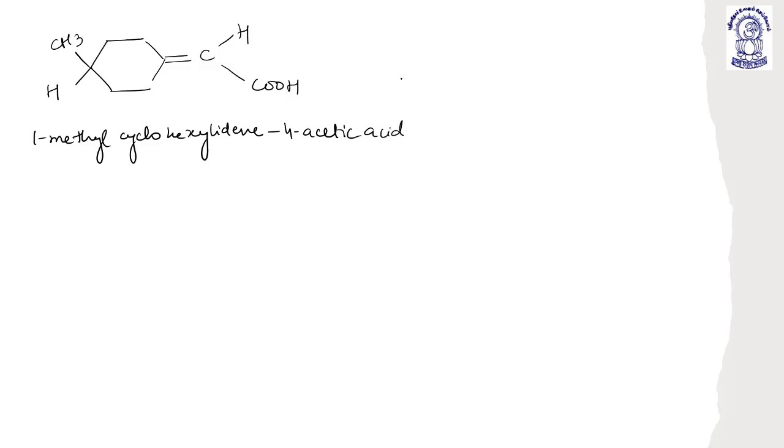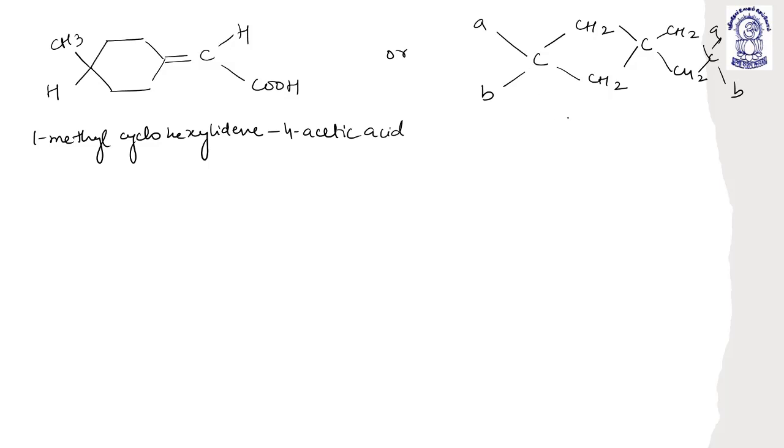Basically it is written as C, B, CH2, CH2, C, CH2, CH2, C, A, B. Okay, these are spirenes.